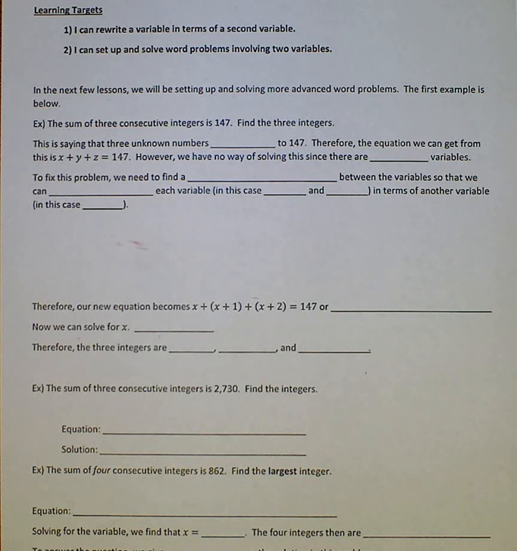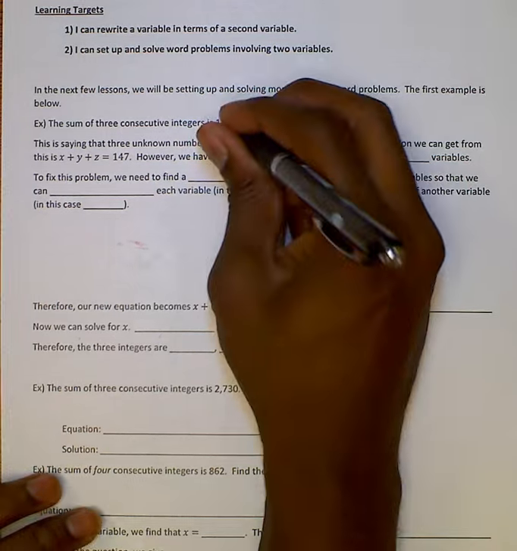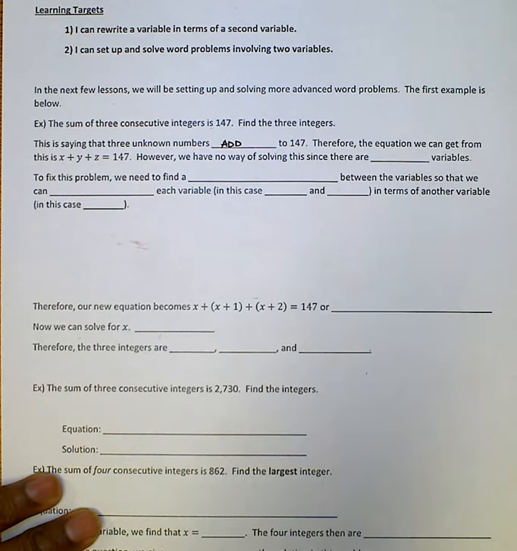So here we go. The sum of three consecutive integers is 147. Find the three integers. This problem is saying that there are three unknown numbers that add to 147. We know add because it says sum. So the equation we can get from this is x plus y plus z equals 147.